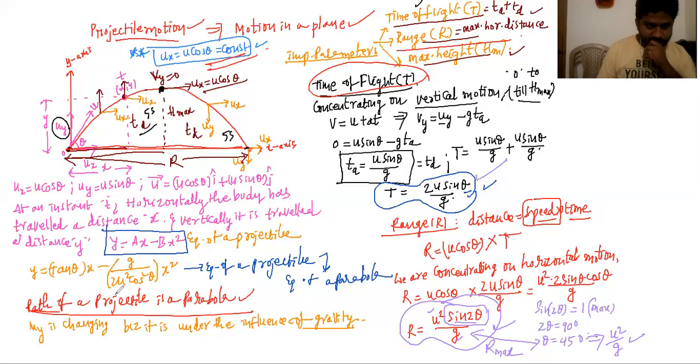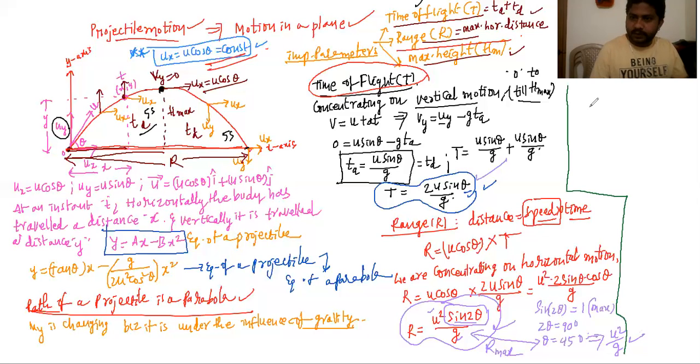Let me give you a very important expression here. Imagine my theta value is 30 degrees. What is the range?